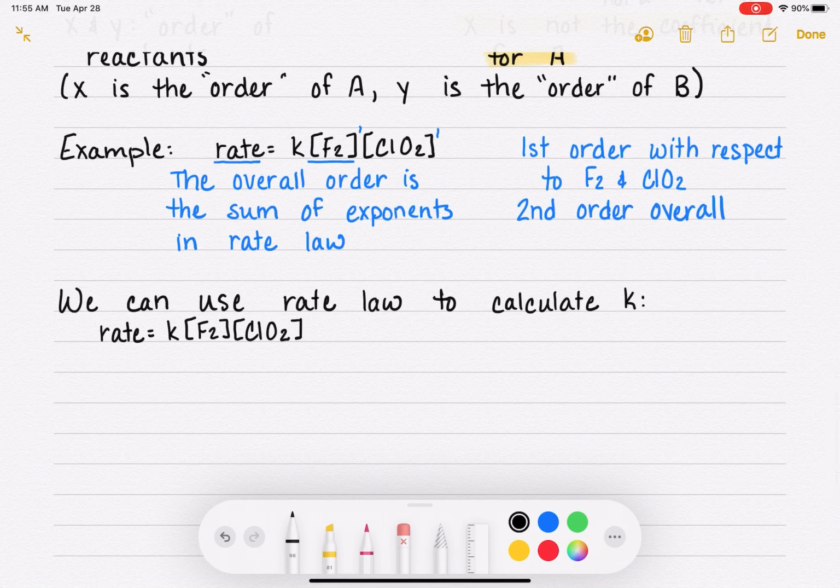Let's say we set this reaction up, and as the chemist we would control this, we would start with 0.1 molar F2, or just some number that we chose. And let's start with 0.01 molar of ClO2.